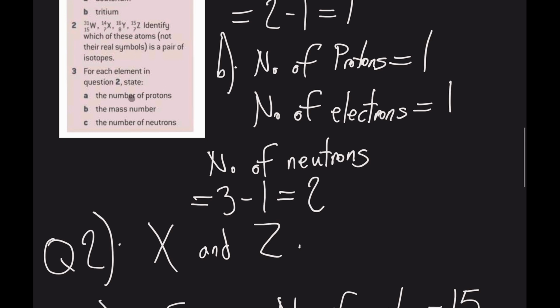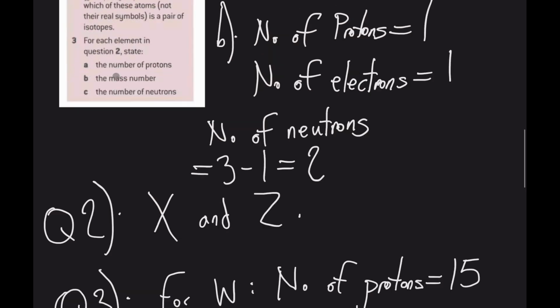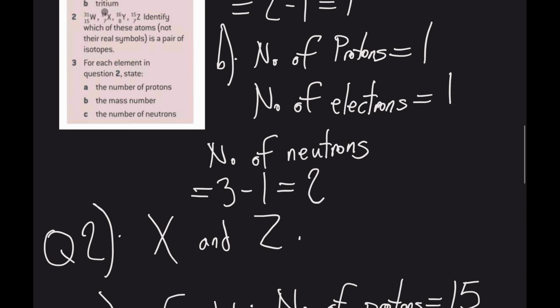So for question 3, the number of protons in X can be read here. This is the atomic number, and the answer to that is 7. The number of protons is 7. The mass number of X is equal to the number here at the top, and that's 14.